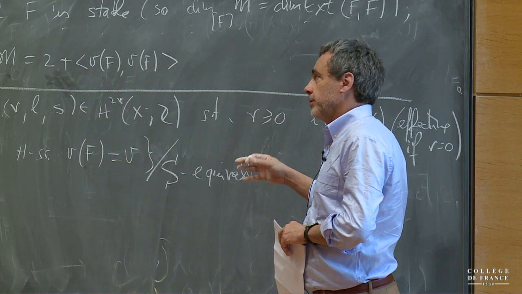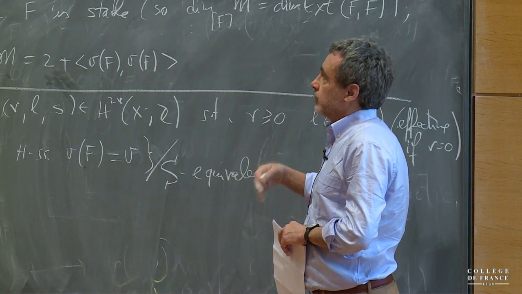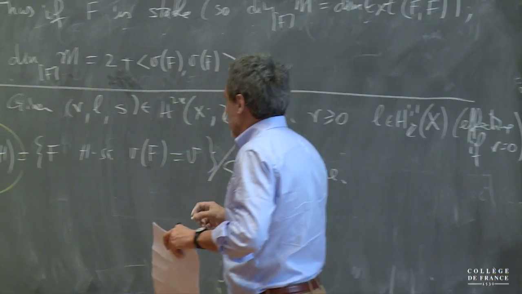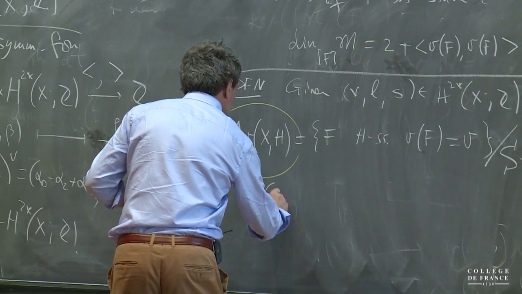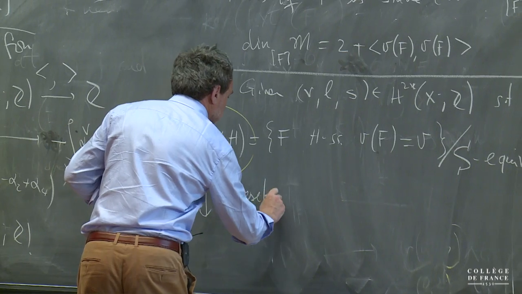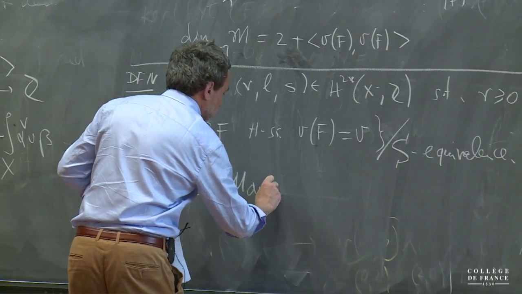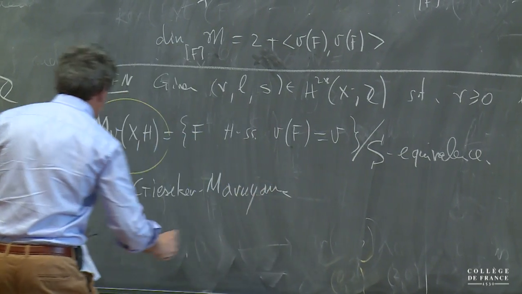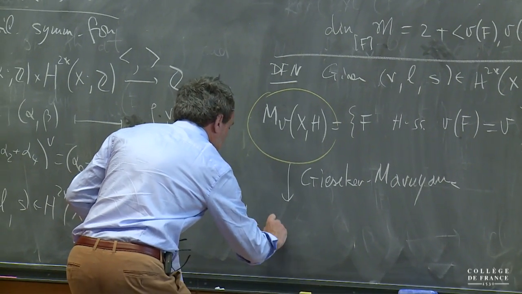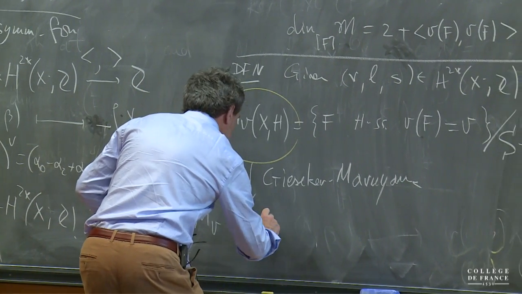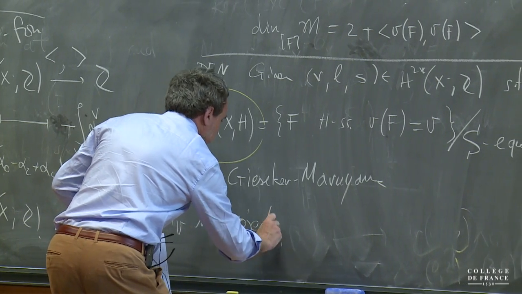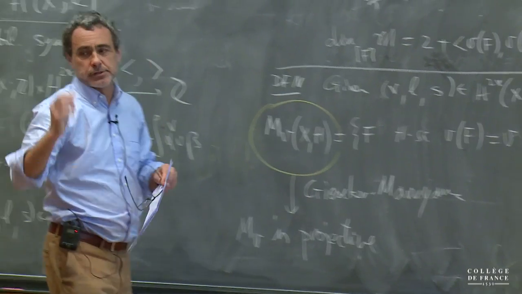On properly semi-stable sheaves, it's a weaker notion. And this is M_v, it is projective.